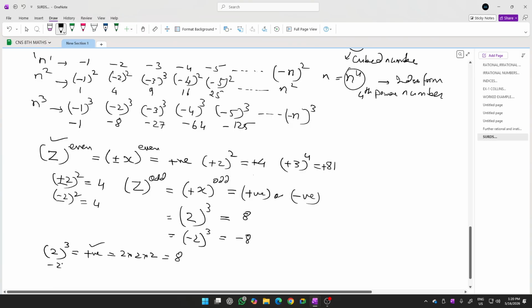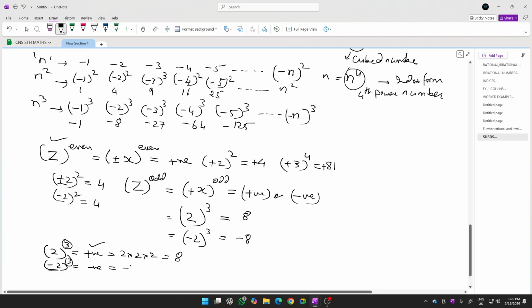Now if you take -2 raised to 3, then it will be negative. Why? Because this integer is negative and the power is odd. When this is odd, then depending upon the integer, whether it is positive or negative, the answer will be either positive or negative. Now this integer is negative, so your answer will also be negative.